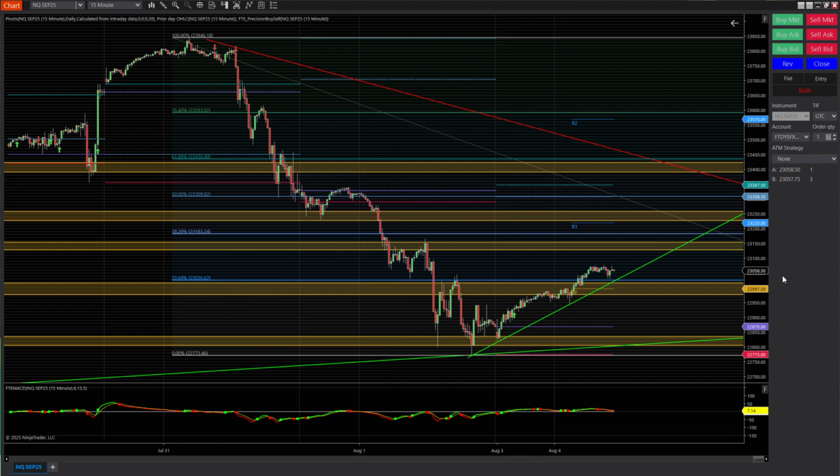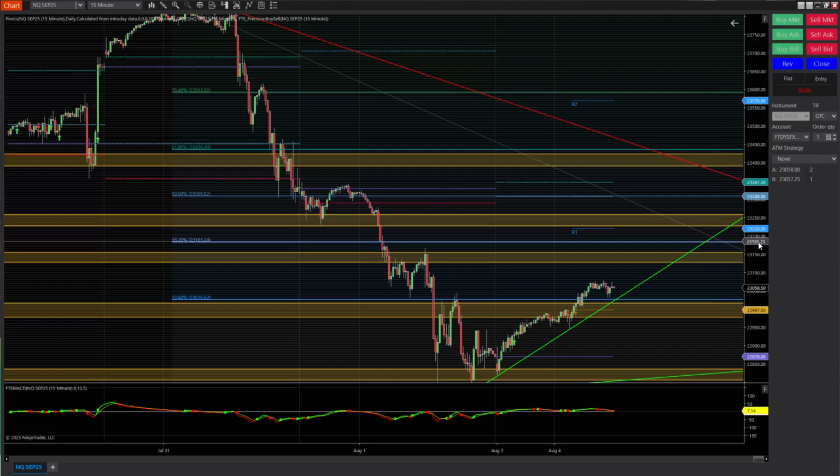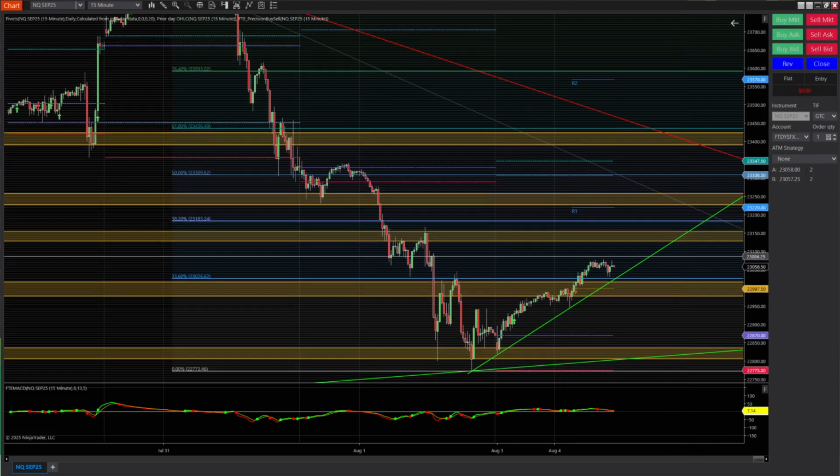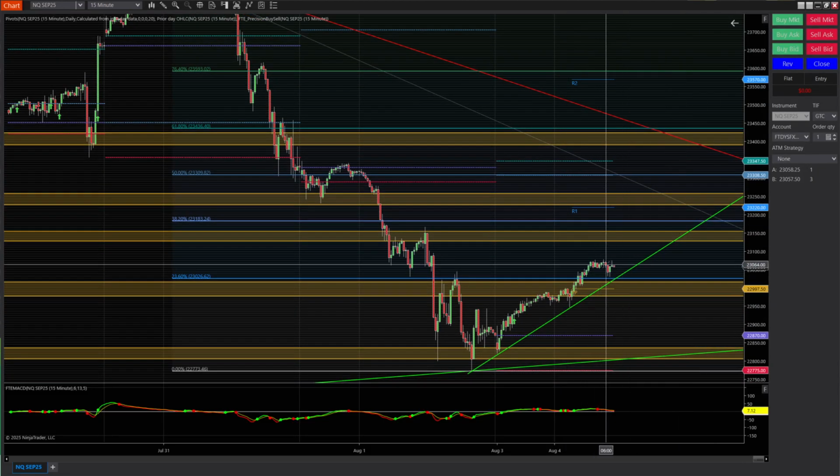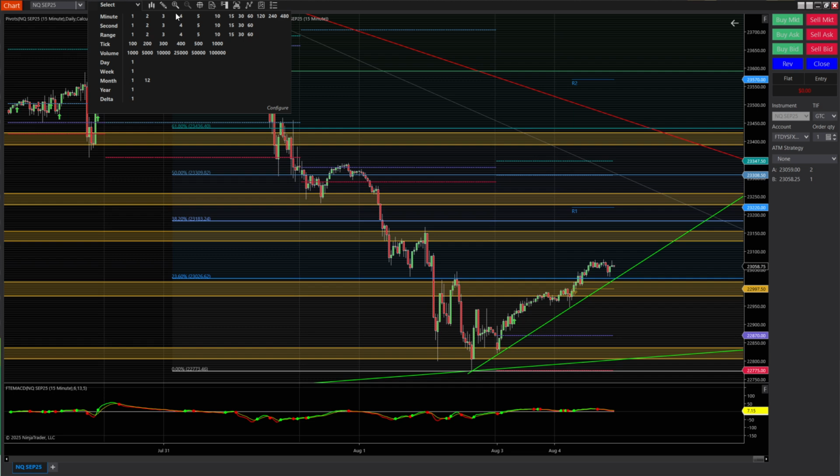We ain't got anything we can really do for the 15 on the bottom or the top. So right now it looks like we're trending on this 1 hour. We can drop down to the 5-minute and see what that looks like.